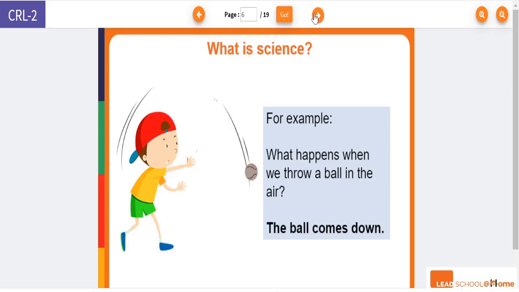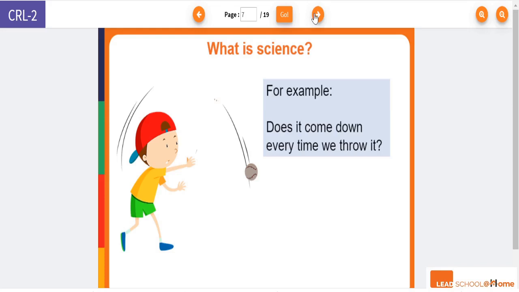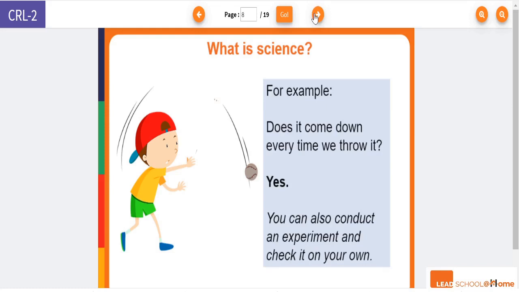The ball comes down. And does it come down every time we throw it? Of course it does. Yes, we can conduct this experiment and check on our own whether even a single time does it happen that we throw a ball and it flies away into the sky. No, it doesn't. But if you want to be sure, you can check it on your own.